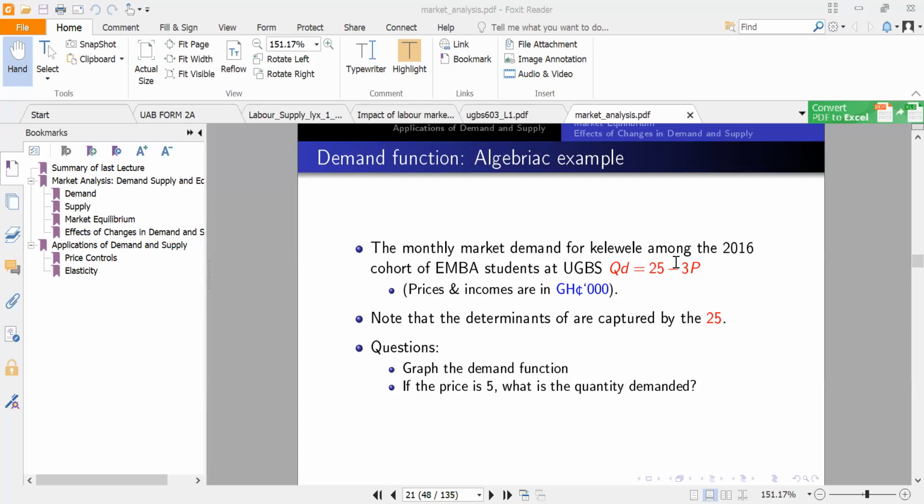The market survey can give you an idea how sensitive people are when it comes to price. Sometimes in the supermarket, they do this type of experiment where they ask, how much are you willing to buy? If the price was 5 cedis, how much would you have bought? You can do these things to get an idea about how sensitive your customers are to the price.